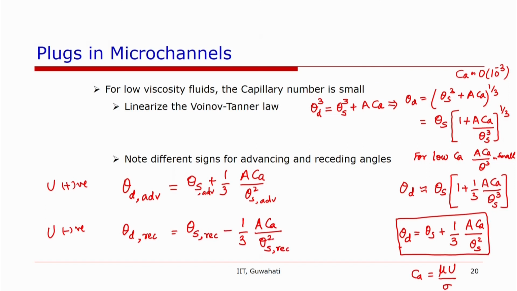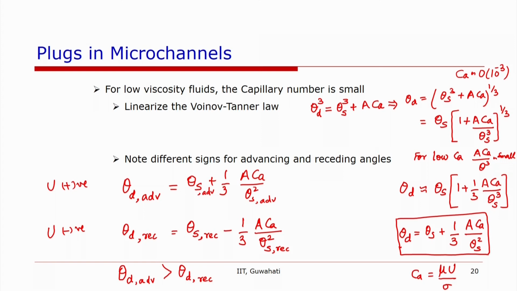So immediately one can see that theta d advancing is greater than theta d receding from this expression, if of course theta s advancing is greater than theta s receding sufficiently.